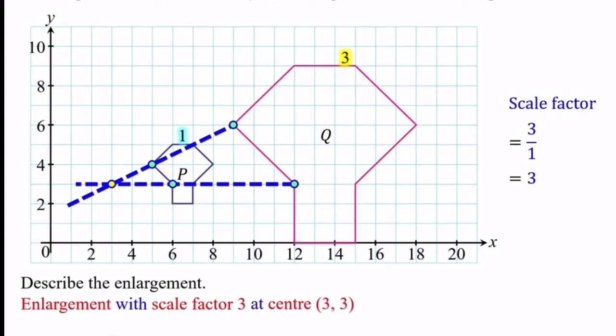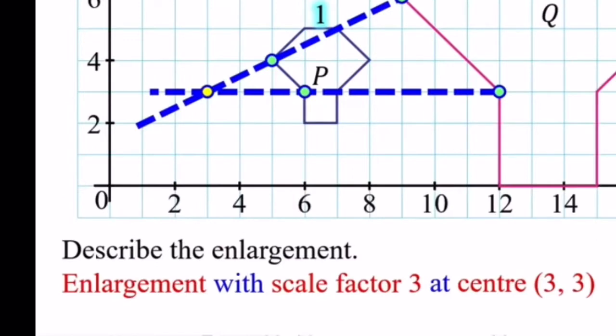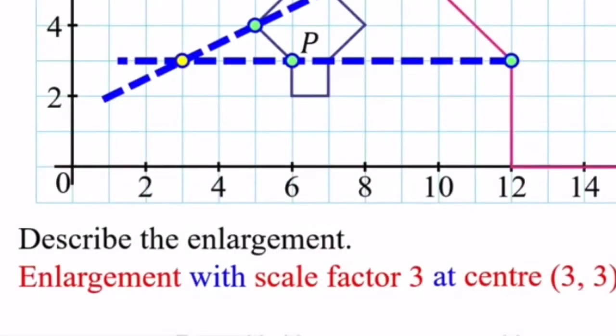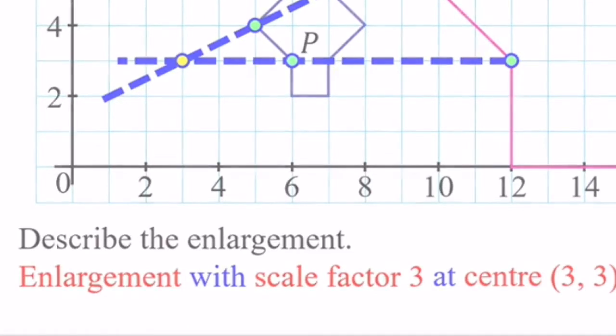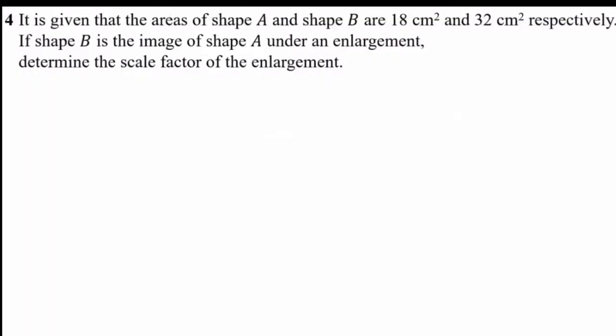If you read carefully, it should be 3, 3, right? So now the description is enlargement with scale factor 3 about the center 3, 3. A description must have 3 important keywords: enlargement, scale factor, and the center.